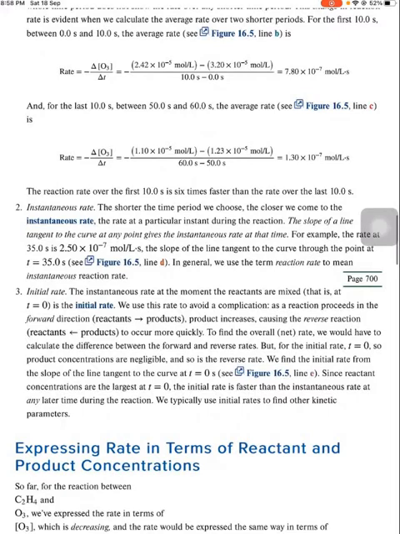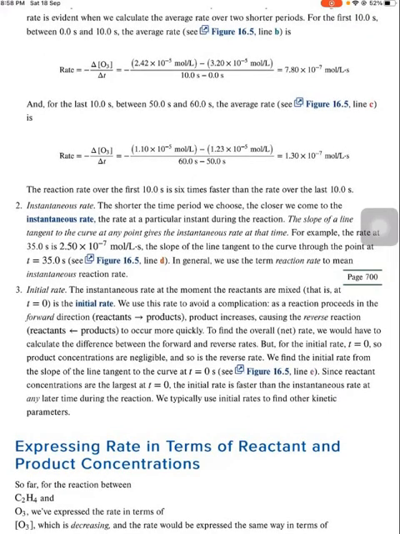Okay. So instantaneous, as the name suggests, is instant. Meaning that this is the rate where we measure at a certain or specific time. Okay. So for example, what we have in these books is what is the instantaneous rate if measured at 35 seconds.